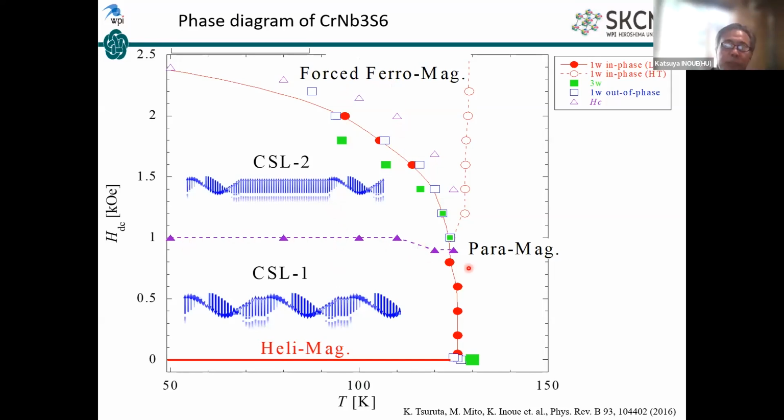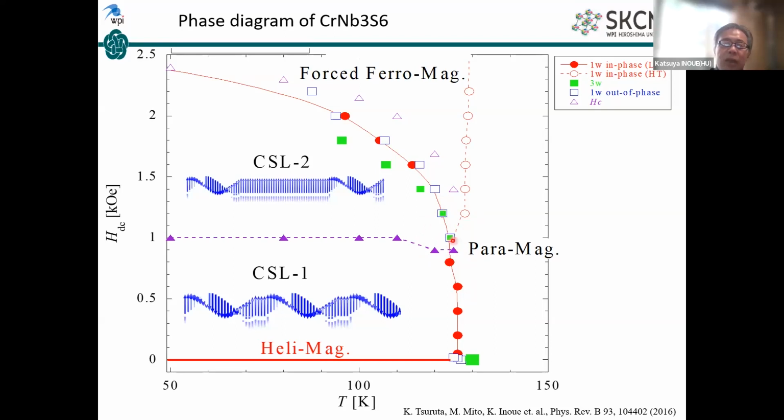But anyway, here this line is the second order magnetic long range order boundary, and here is the first order transition line. In this case, we have the tricritical point around here, from second order to first order.